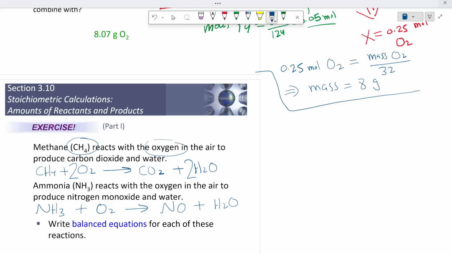To balance the equation, here we have 1 nitrogen, here we have 1, here we have 3 hydrogens, 2 hydrogens, so multiply this by 3 and multiply this by 2, multiply this by 2, and oxygens should be multiplied by 5 over 2. So this is the first part of this question.